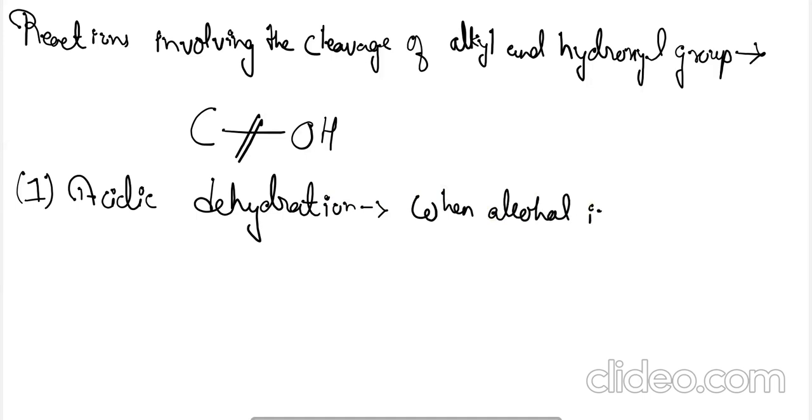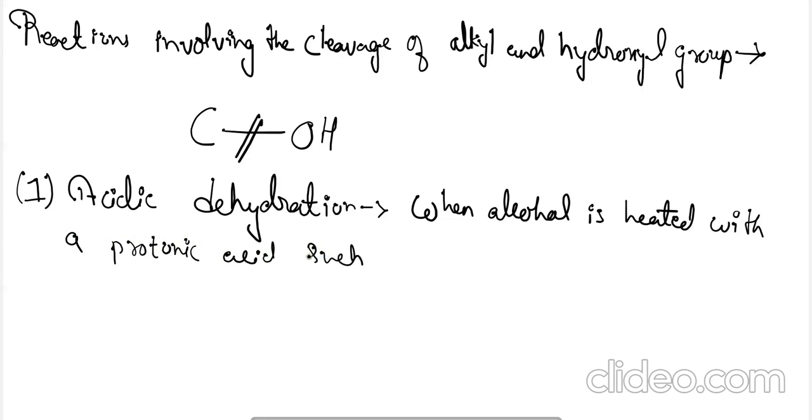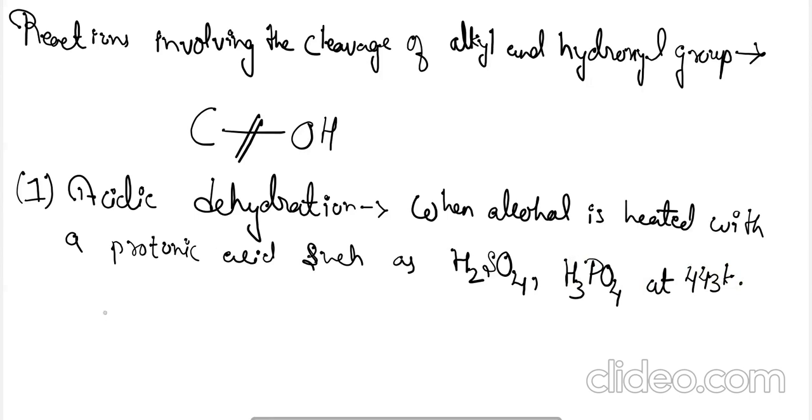So when alcohol is heated with a protonic acid such as H2SO4, H3PO4, at 443 Kelvin, then the formation of alkene and water will take place.